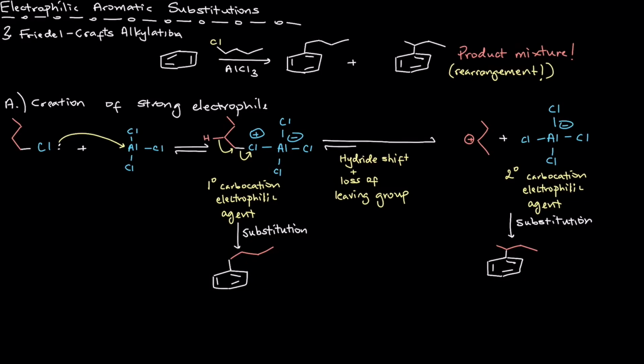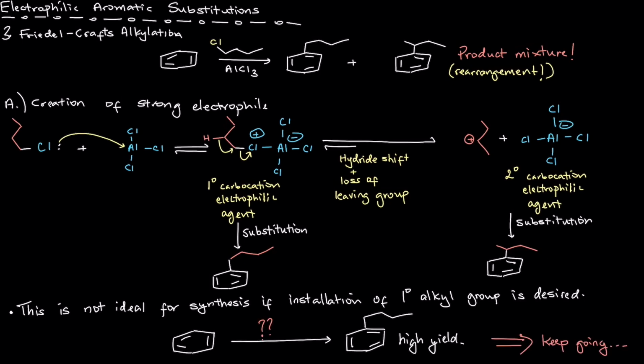So you can see that if a rearrangement can occur, it will occur, but you would also get a mixture of products, because both of these electrophiles will be present to some substantial amount, and they would form all the different kinds of products that you can form.